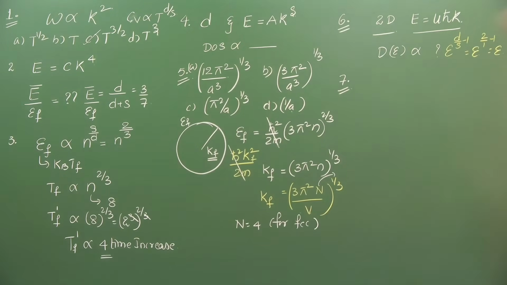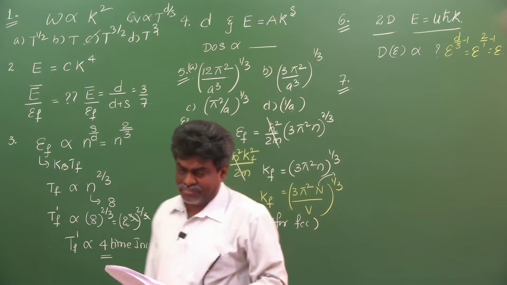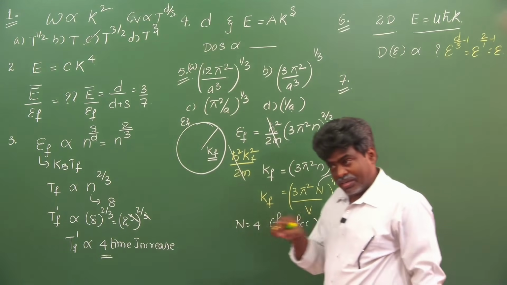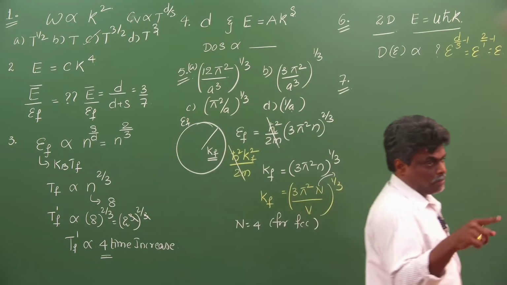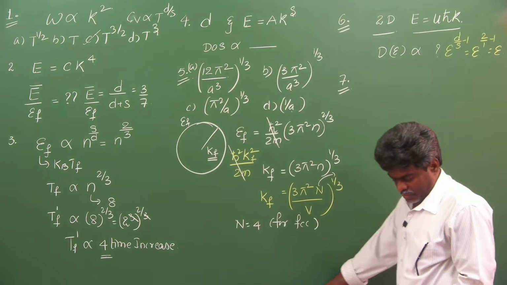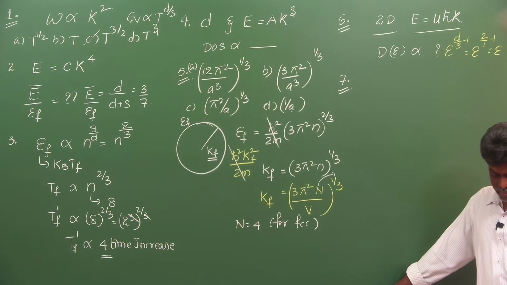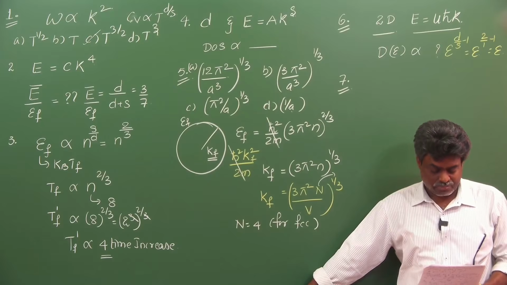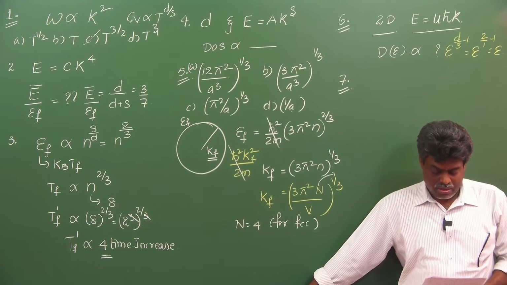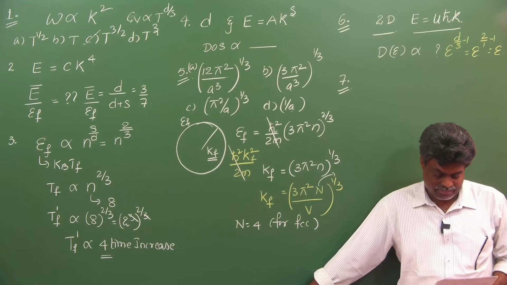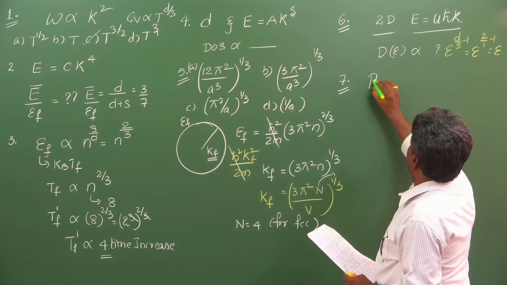The pressure of a non-relativistic free Fermi gas in 3 dimension, at 0 Kelvin and strongly degenerate, depends at T equal to 0 Kelvin on the density of fermions, small n, as. What is the meaning of non-relativistic free? Energy is proportional to K square. He is asking pressure.